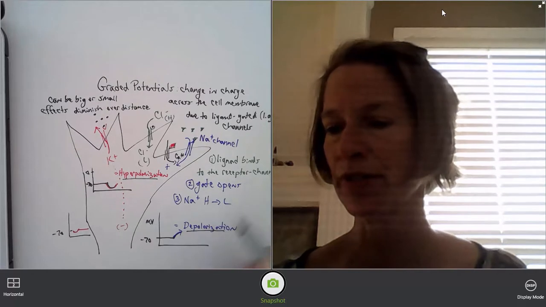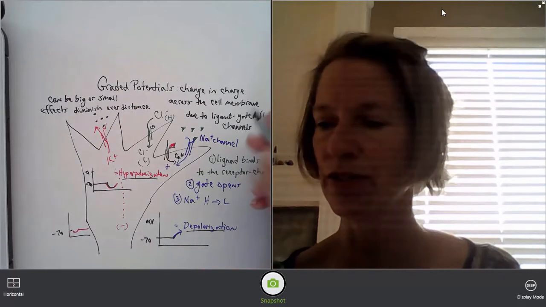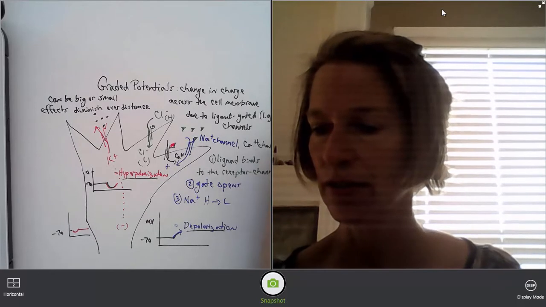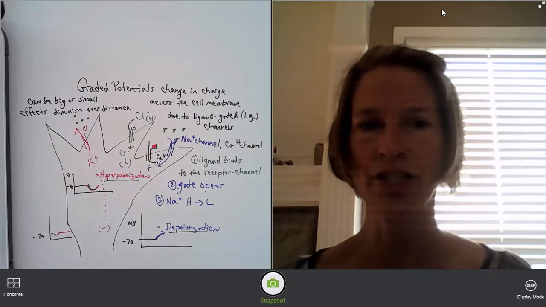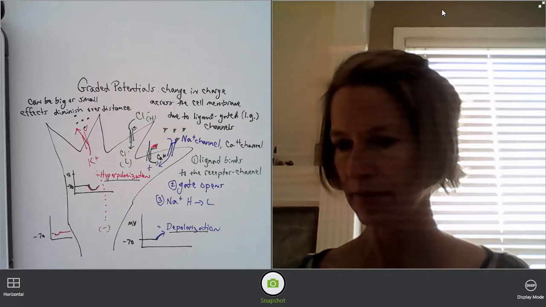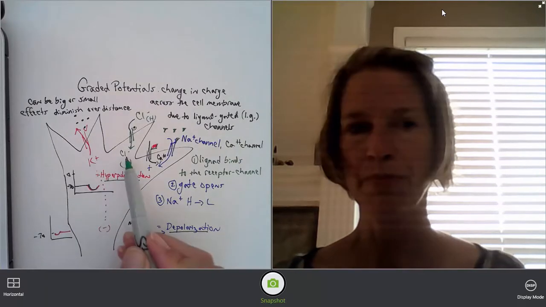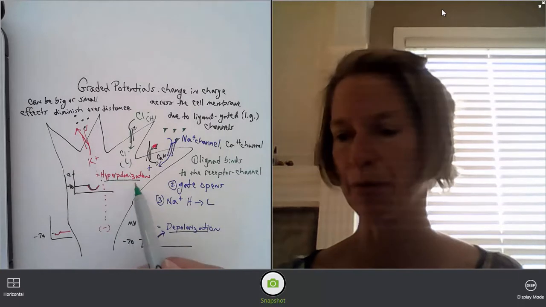So these are some examples. Sodium channel, calcium channel cause depolarizations. Potassium channel and chloride channel both will cause hyperpolarization.